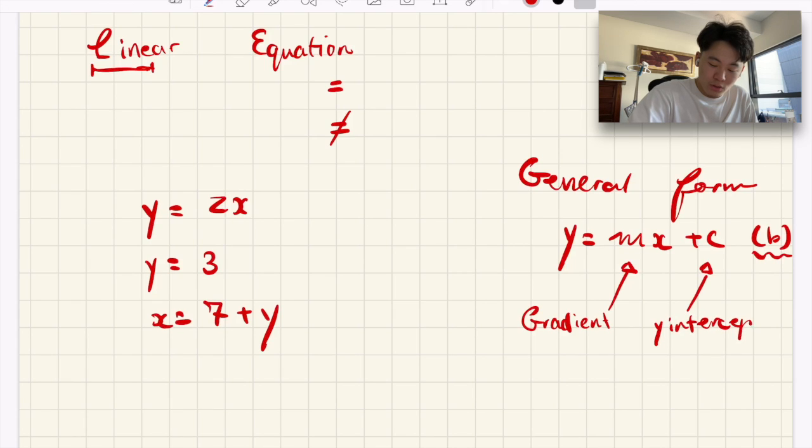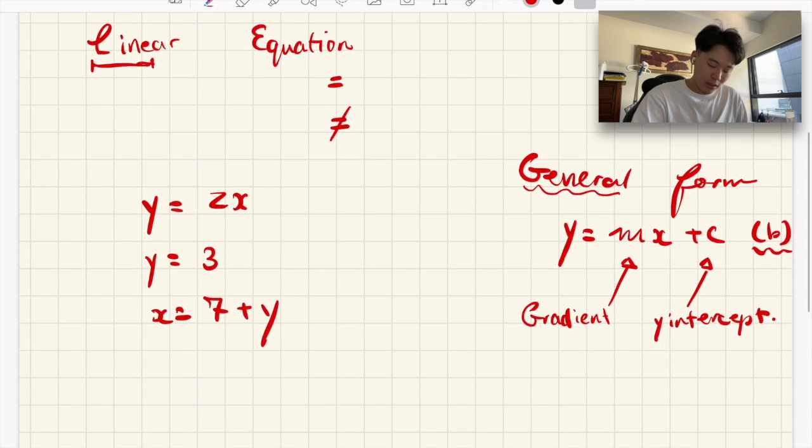So remember, to actually use or deduce these qualities of a linear equation, you have to put it into slope-intercept form. I called it general form, but really it's the slope-intercept form. You can see why it's called slope-intercept. A gradient is essentially a slope, and c is the y-intercept.